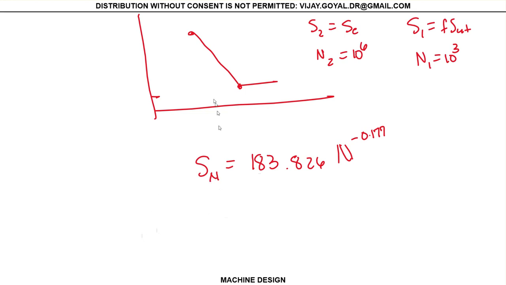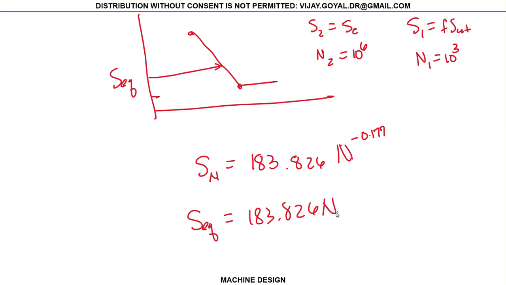Okay, so in your problem, if I really wanted to find the value, I know what my S equivalent is. And you saw from the plot, you're actually plotting right there, right? This was your S equivalent from your Goodman stress. So what you would do is you put your S equivalent and say 183.826 N to the minus 0.177, and then you can solve for N very easily, right?